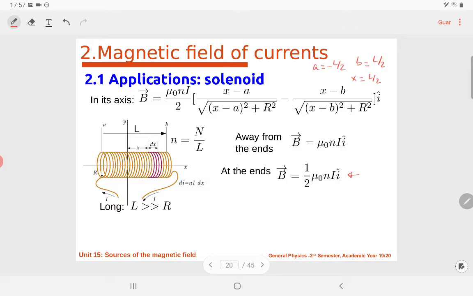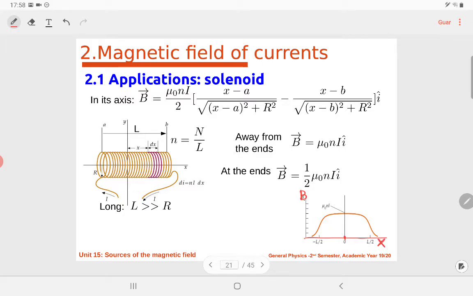So it's quite interesting because if you show the whole magnetic field as a function of the distance between both ends, you end up with one of these graphs. So this is the magnetic field, okay, and this is the distance. This is x for our case, okay, and this is 0.